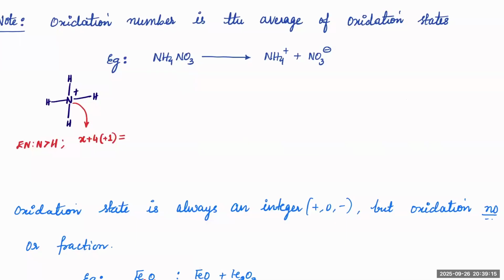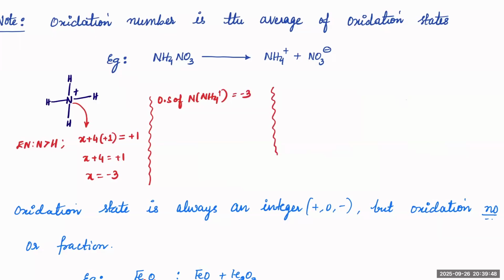And that should be equal to the overall charge. Have you noticed that there is already a plus charge on it? That plus charge will always be carried over the entire species. So x plus 4 should be equal to plus 1, so x is equal to minus 3. So we say that the oxidation state of nitrogen in NH4+ is minus 3.